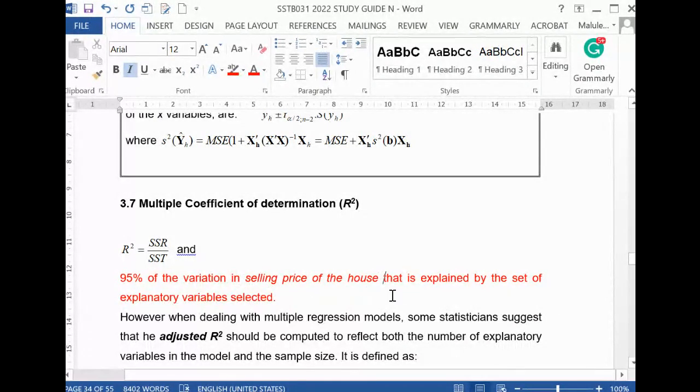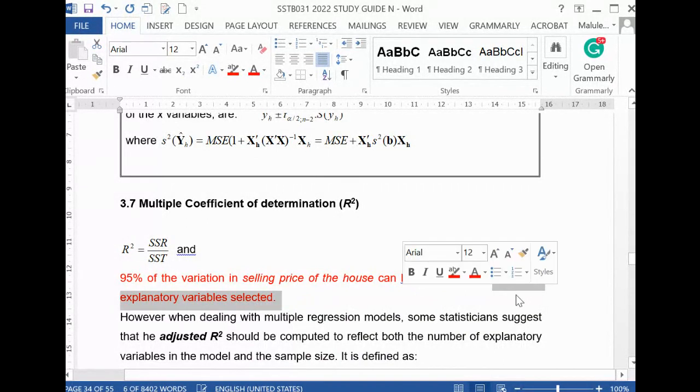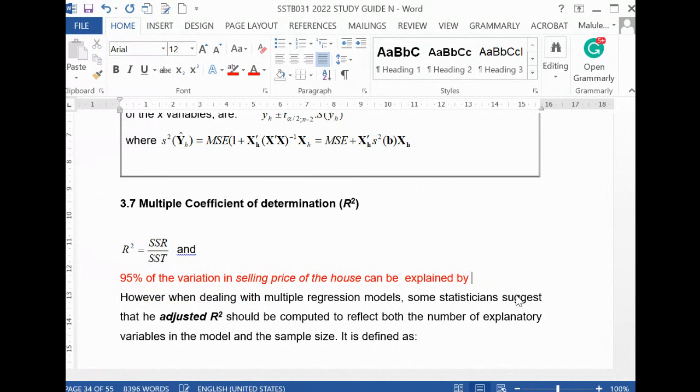Selling price of the house can be explained by what? Can be explained by the size and age of the house.